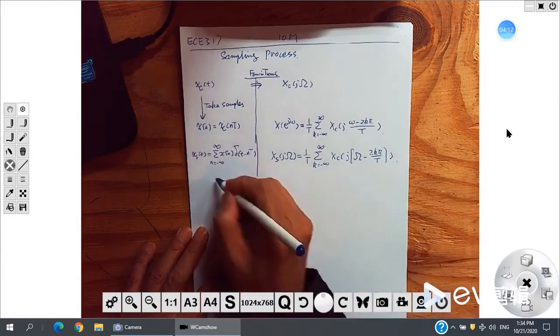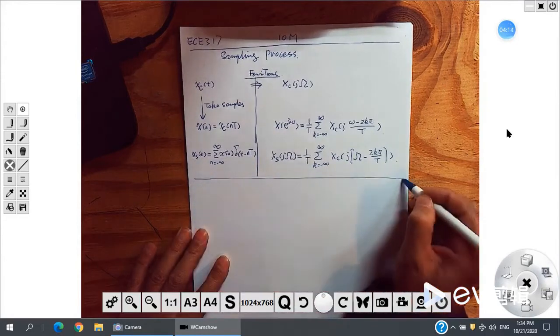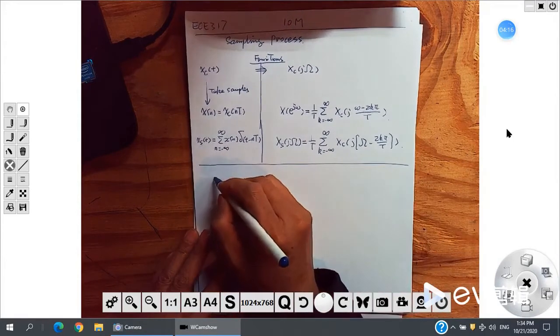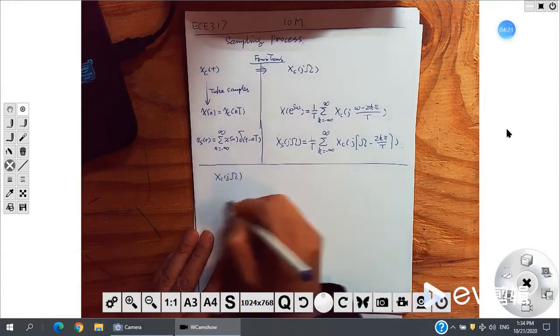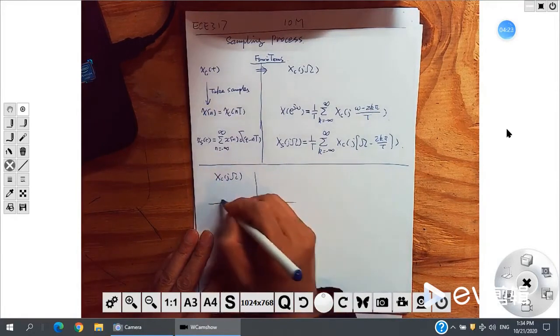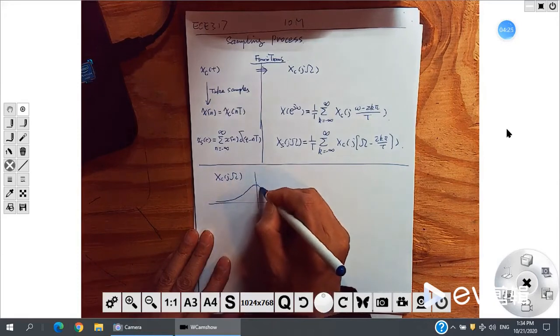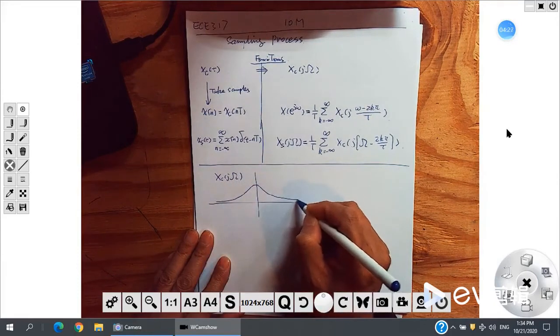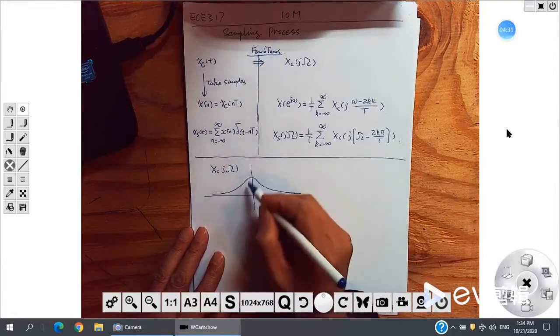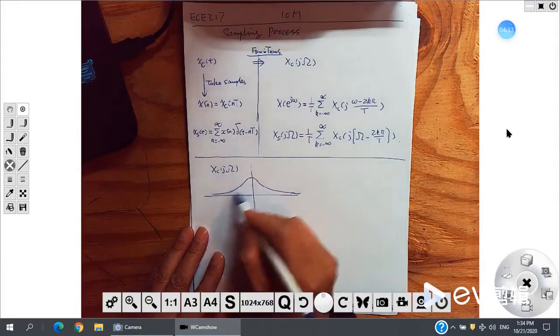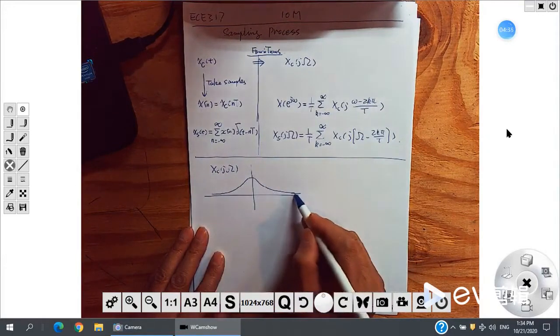Then we can see them in a graph. We suppose XC of j omega looks like this one. We had an example last time, and in that example capital XC looks just like this.